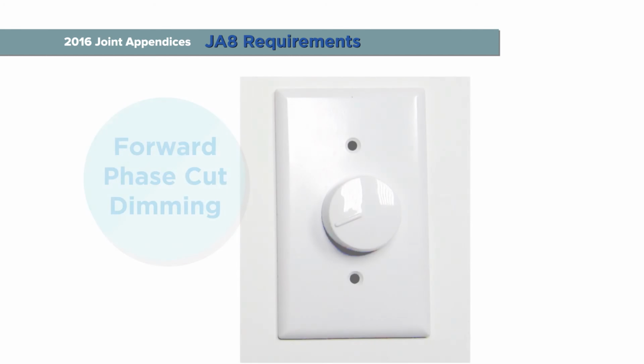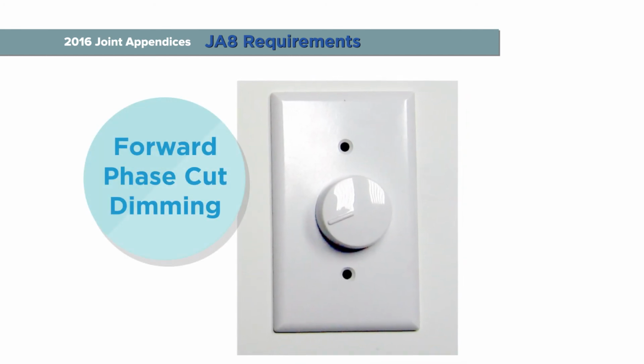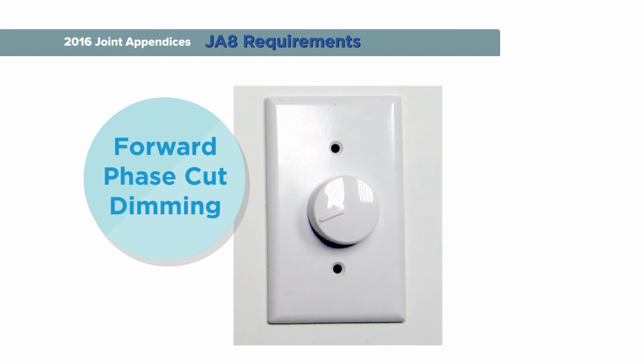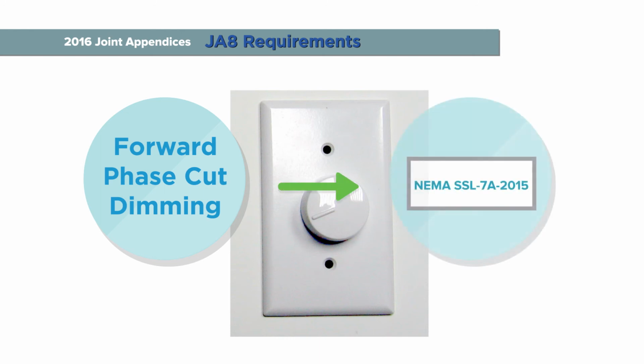Dimmable LED-based light sources that dim using a method called forward phase cut dimming must comply with dimming compatibility requirements issued by the National Electrical Manufacturers Association as part of their document, NEMA SSL-7A-2015. LED products that utilize a different dimming protocol are exempt from this requirement.